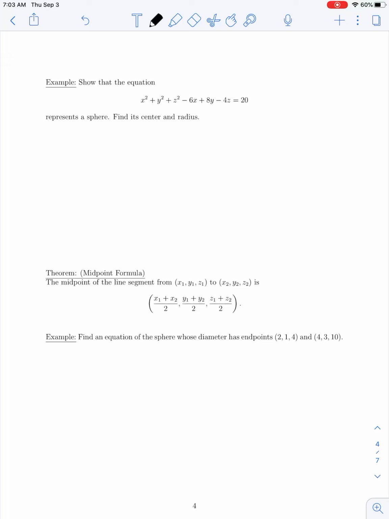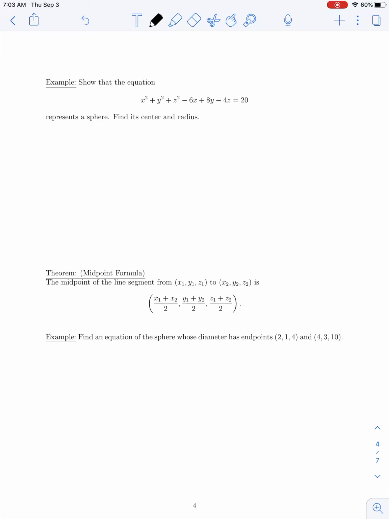So much like we did for quadratic equations in terms of x and y, we could maybe group the variables x and y and complete the square in each quadratic in order to show that we might have a circle. So we're going to use the same approach here to show that this equation defines a sphere. We need to write it in the standard form for the equation of a sphere to see that it does represent a sphere and find that center and radius.